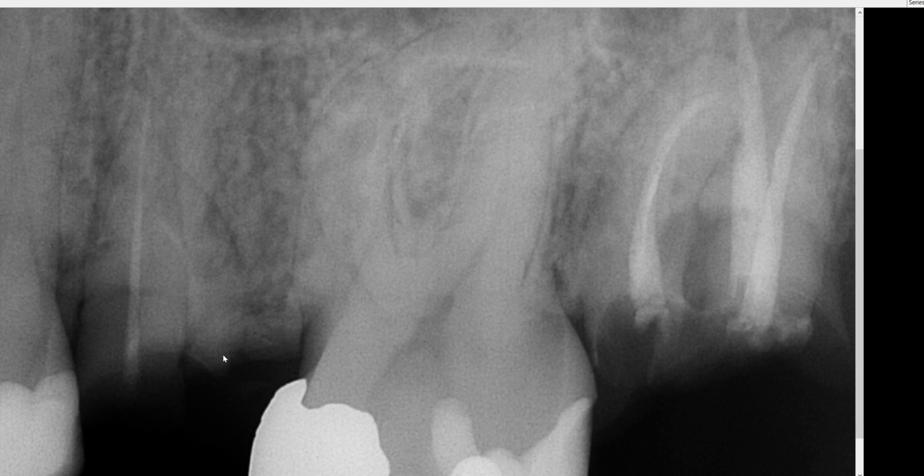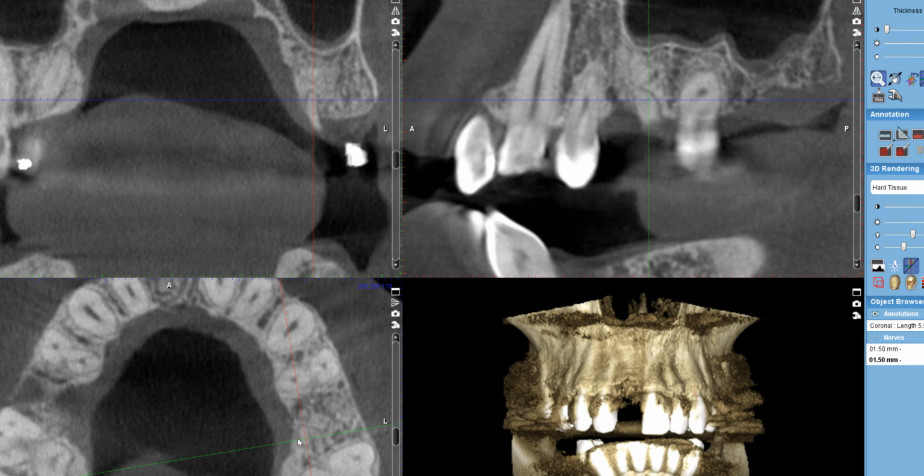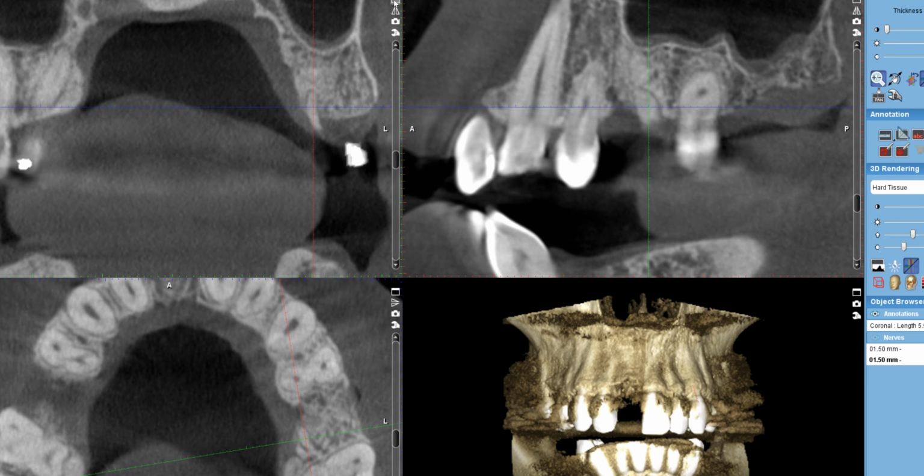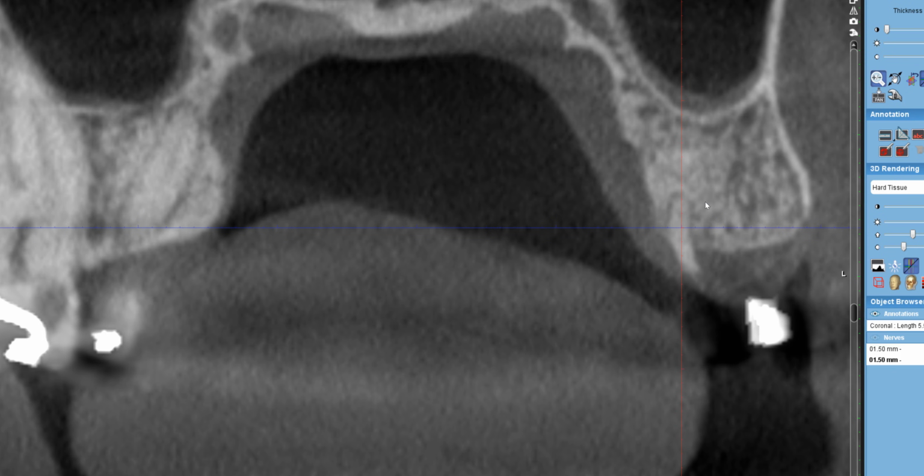So that could be the palatal root, right? I don't know for sure, but again, it could go something like this. Anyway, let's go back to cone beam, and there you go. So this area needs to be taken care of before placing dental implant.